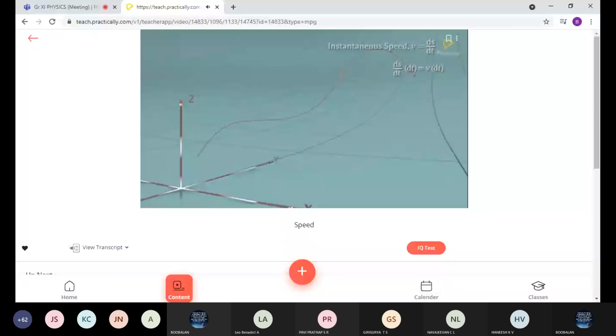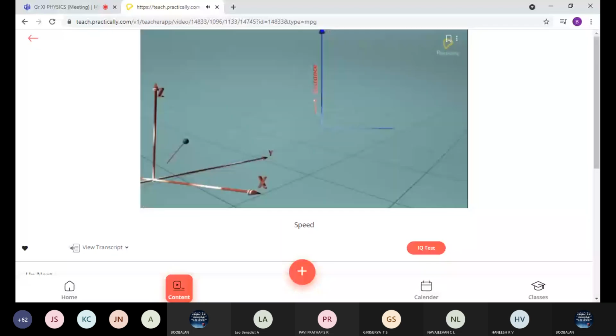Let us draw the graph of distance versus time. Distance, s, is represented on the y-axis. The corresponding time is taken on the x-axis.